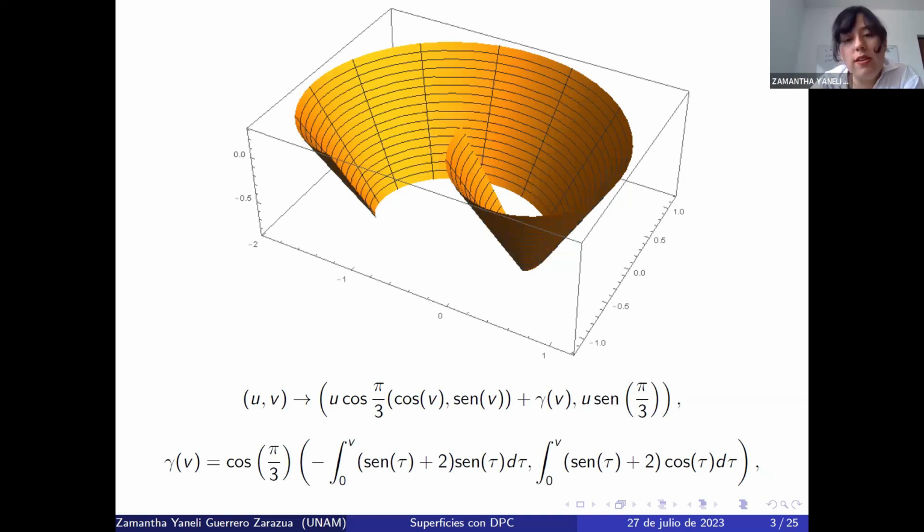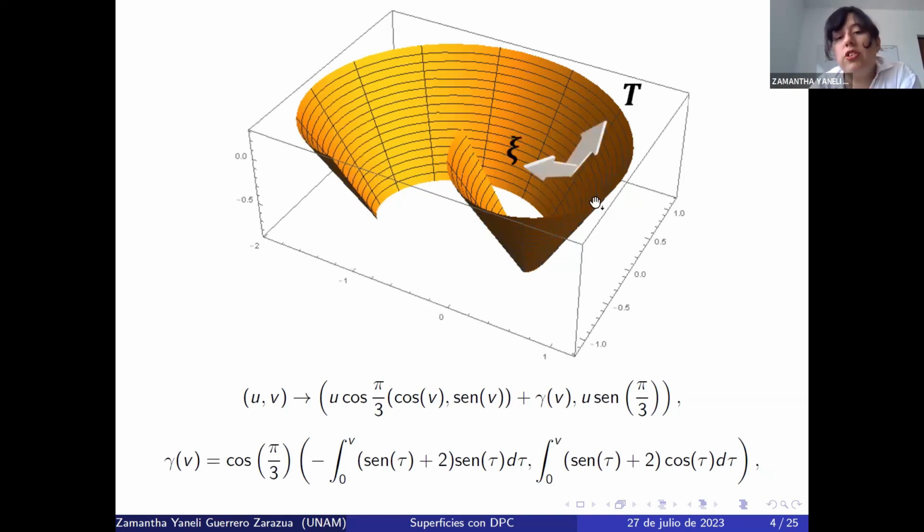And well, we're going to use this to introduce some notation. So we're going to call N the normal vector, and the tangent part of the vertical direction is going to be called T, and this is normalized.